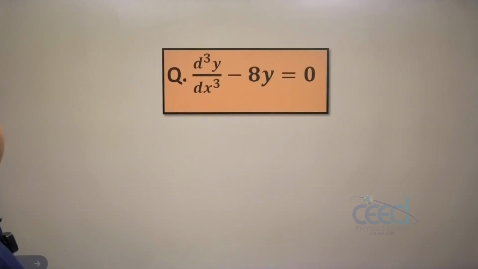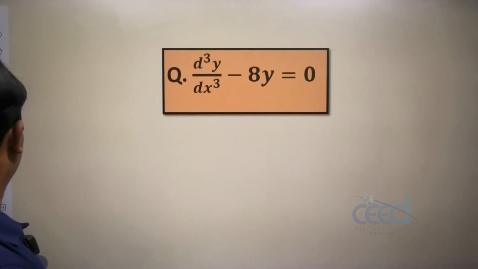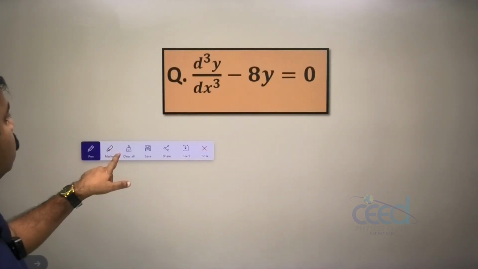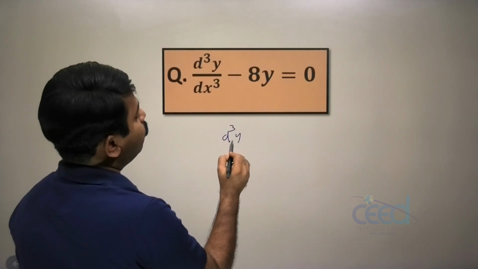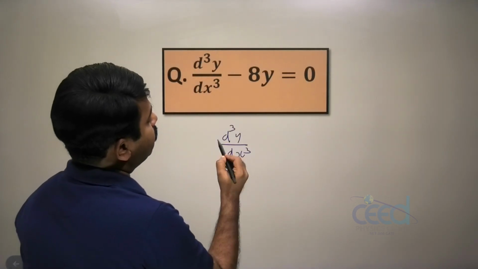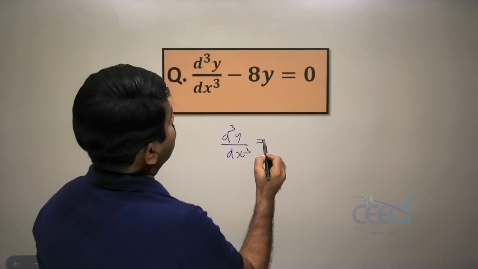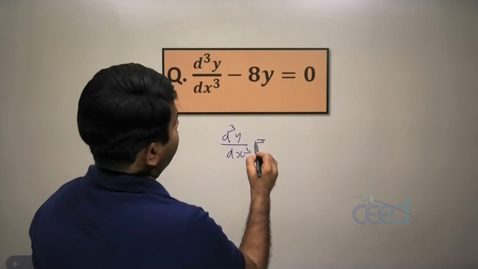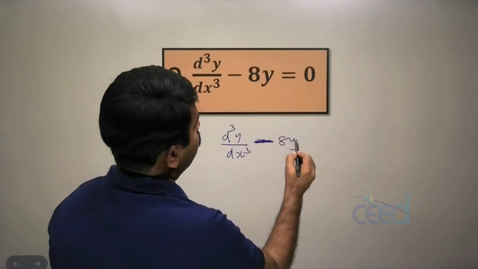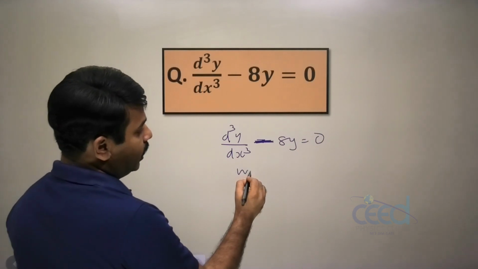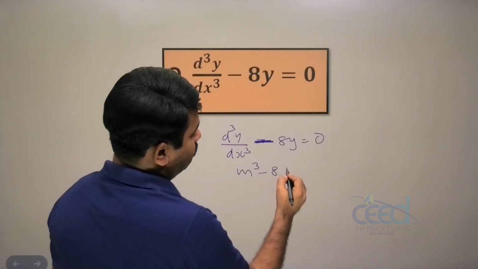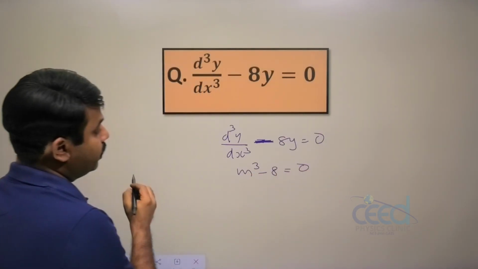See, for example, one example is given here. What is the question? d cube y by dx cube minus 8y equal to 0. This is actually m cube minus 8 is equal to 0 format.